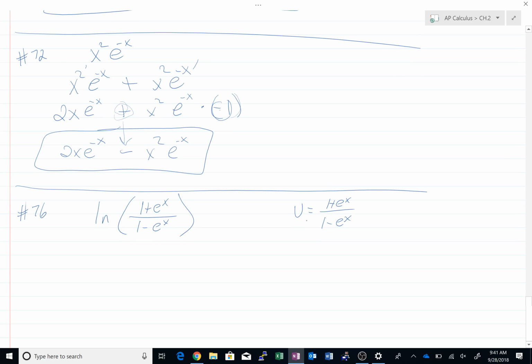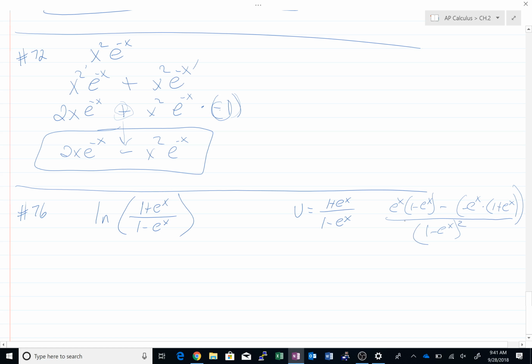All right, so if I do a little scratch work over here, this is going to be quotient rule. So the derivative of the top is e to the x, all right, times the bottom, minus the derivative of the bottom, which is negative e to the x, times the top, all right, all over the bottom squared.